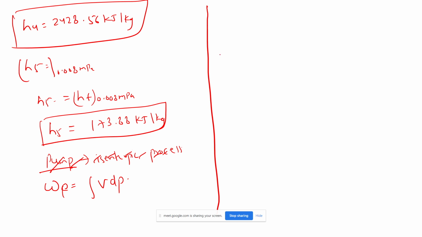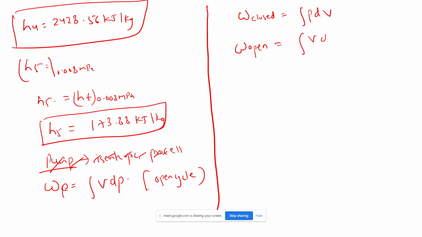For a closed cycle, work done is given by integration PdV, but for an open cycle, like turbine and pump, which all work on an open cycle, work done is given by integration VdP. So pump, compressor, turbine all work in an open cycle.